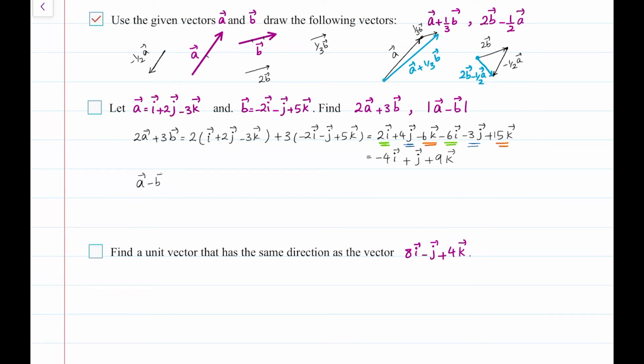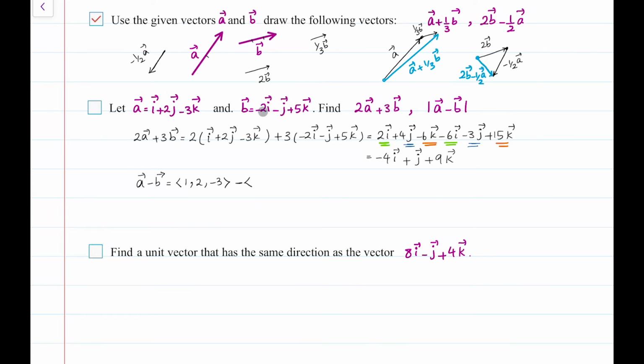A minus b. Okay, I can do the same thing, but it's easy for me to write them in vector notation. 1, 2, and negative 3 is basically the representation of the vector A, and I have minus the second vector.